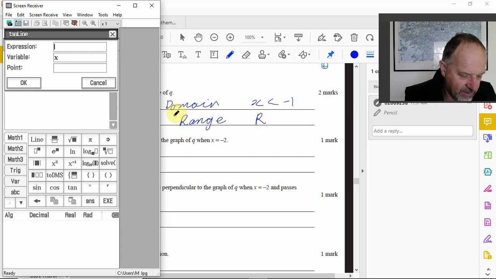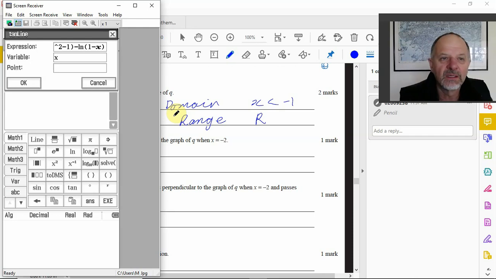My expression is log to the base e of x squared minus 1, make sure I get it right, minus log to the base e of 1 minus x. Variable is x, and the point we're looking at is when x is minus 2.